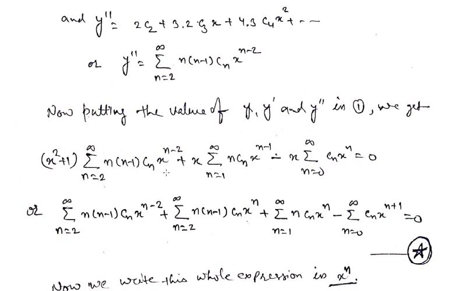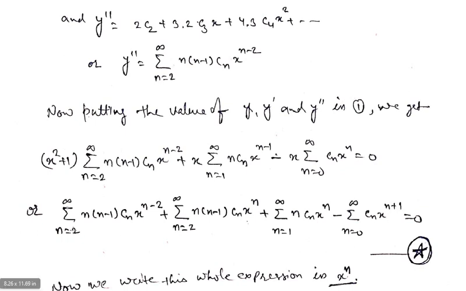Now we multiply x square with this one, so here we get summation n varying from 2 to infinity of n into (n minus 1) cn x raised to power n minus 2 plus 2, that is, x raised to power n. Further it multiplies, so it becomes n cn x raised to power n. Here also this multiplies, so it becomes x raised to power n plus 1.